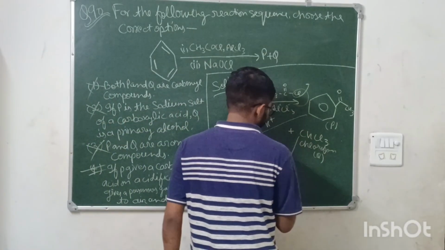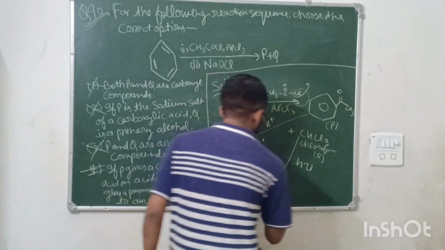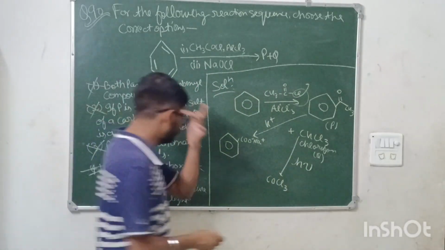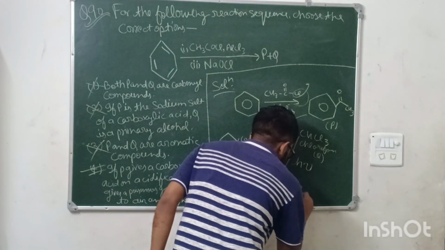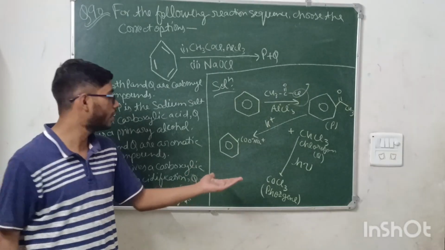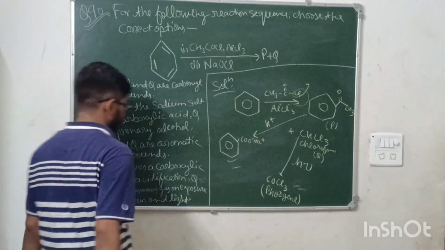If you expose this thing into air, hv, then what will form? COCl2. This is which gas? This is phosgene. This is a poisonous gas that is formed with the exposure of air. Okay, so these two compounds are formed, and the option is totally right. Option number 4 is the answer.